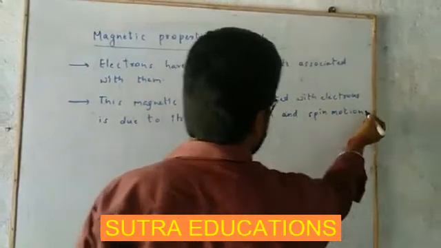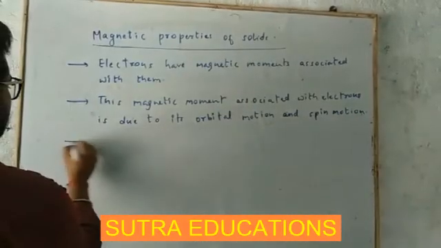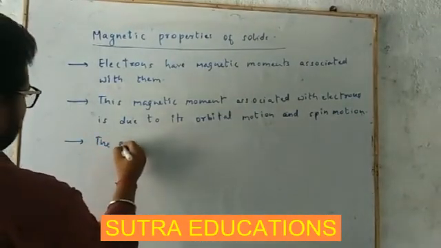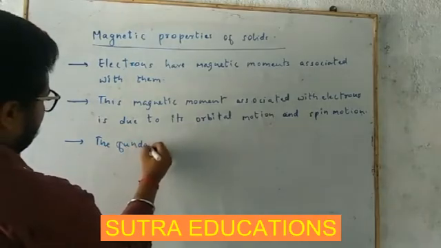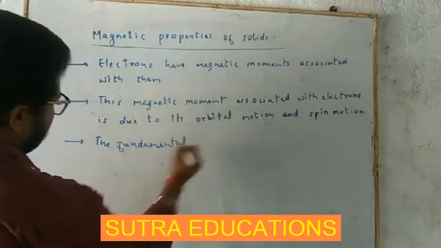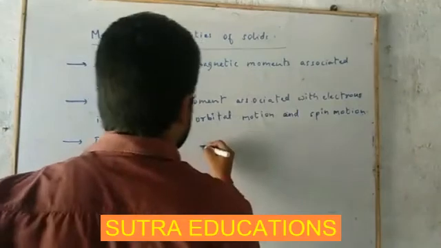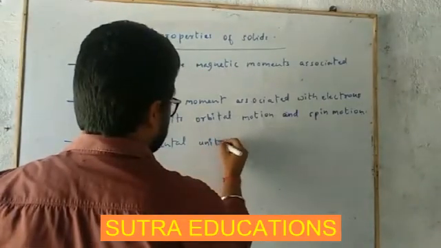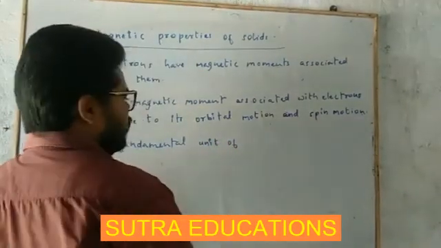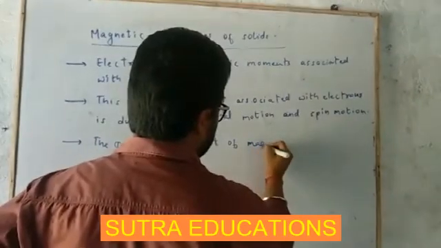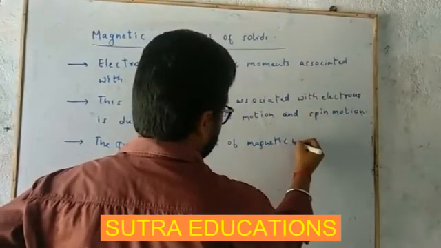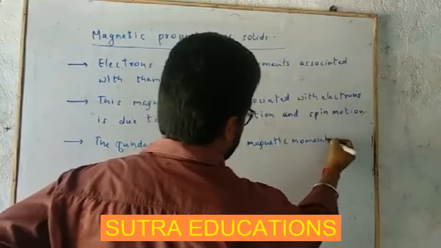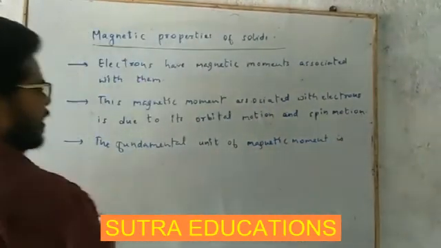The fundamental unit of magnetic moment is Bohr magneton.